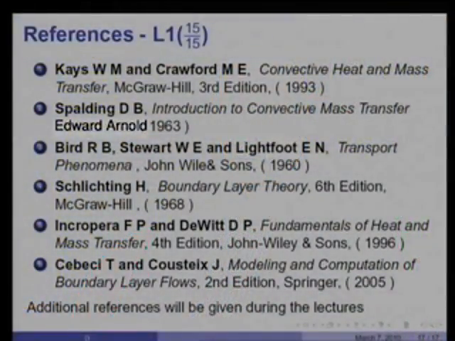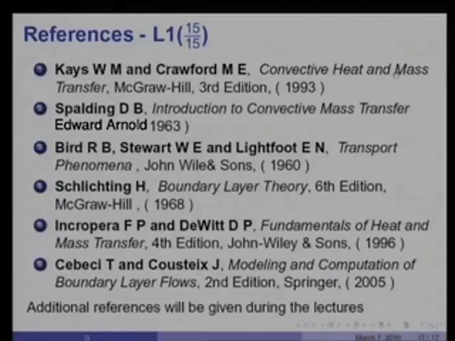By way of references, I have listed here 6 references, but there are many others. To my liking, the first reference, Kays and Crawford, Convective Heat and Mass Transfer, McGraw-Hill Asian edition, published in 1993, is probably the closest to what I shall be doing in my lectures.